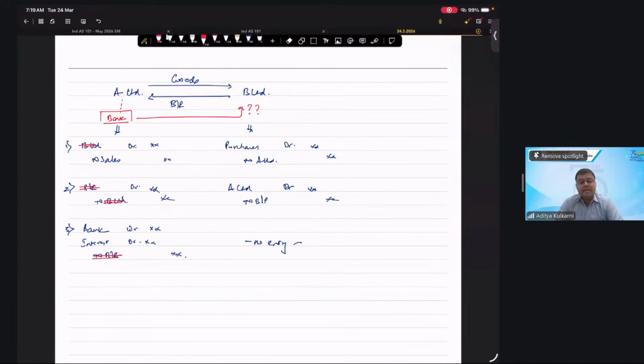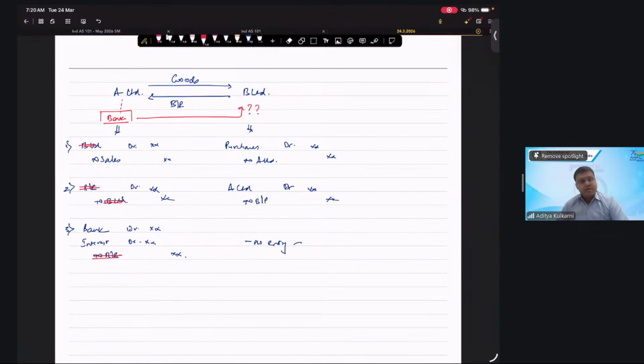So is there anything which is showing that a financial liability exists? Answer is no. That is why we have to recognize an asset and a liability in this particular case.